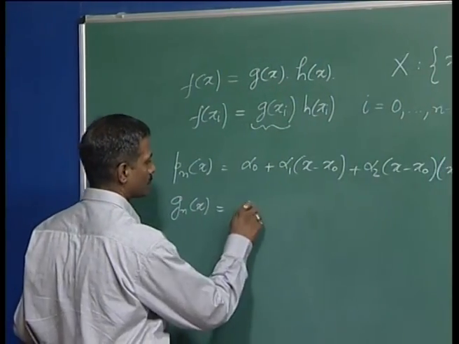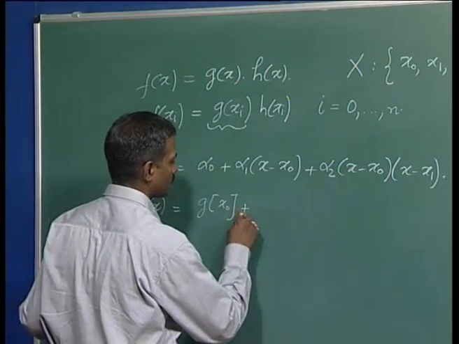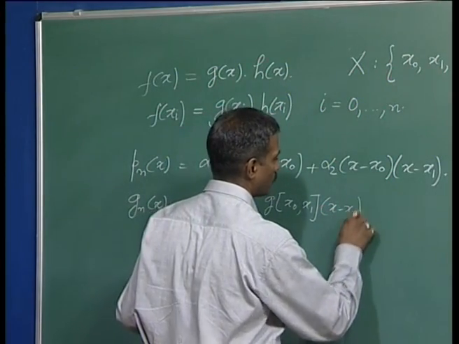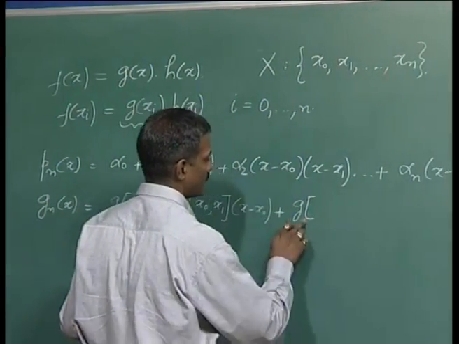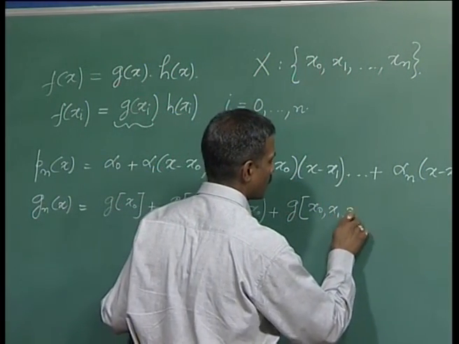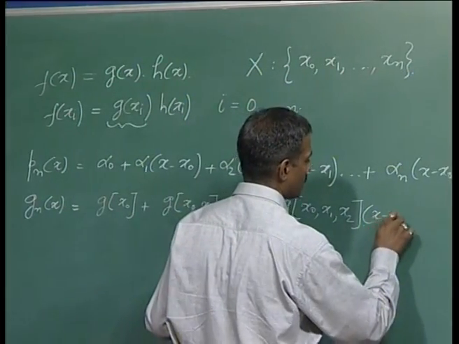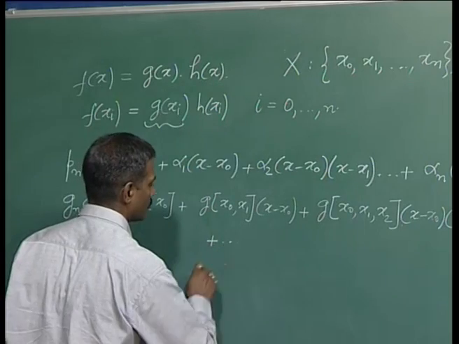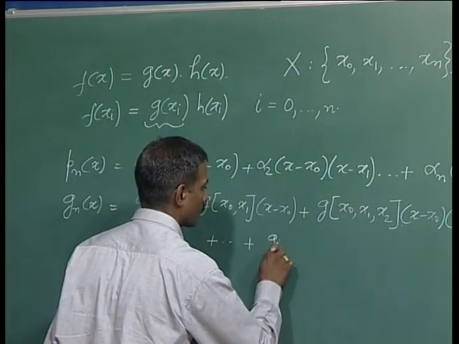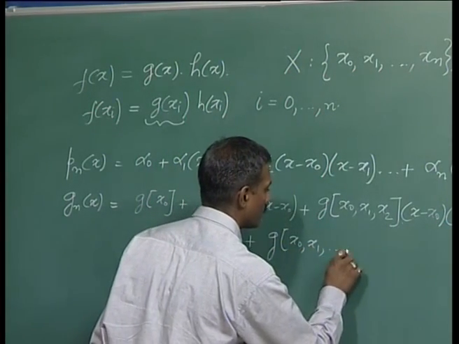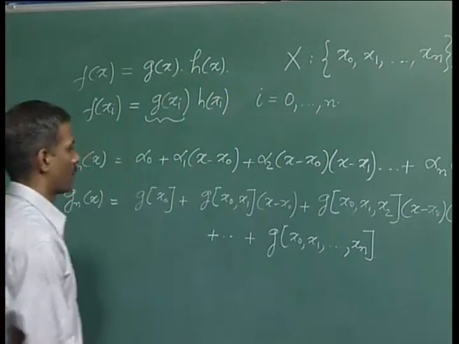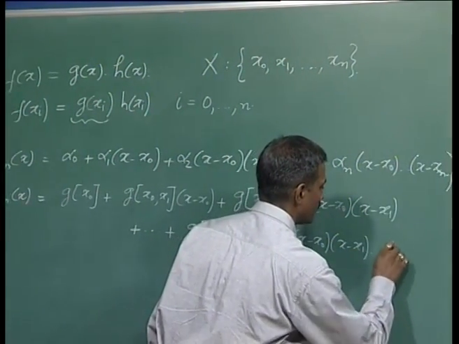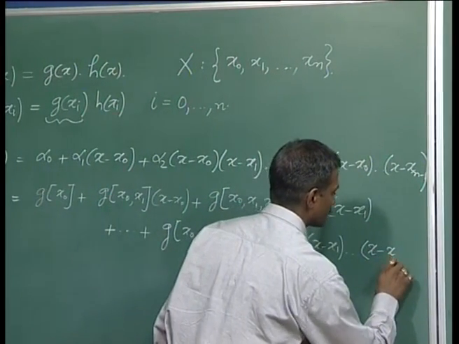So, g_n(x) equals g[x0] plus g[x0, x1] times (x minus x0) plus g[x0, x1, x2] times (x minus x0)(x minus x1) plus some more terms, and then the last term will be g[x0, x1, up till xn] times (x minus x0)(x minus x1), and then the last term here will be (x minus x_{n-1}).